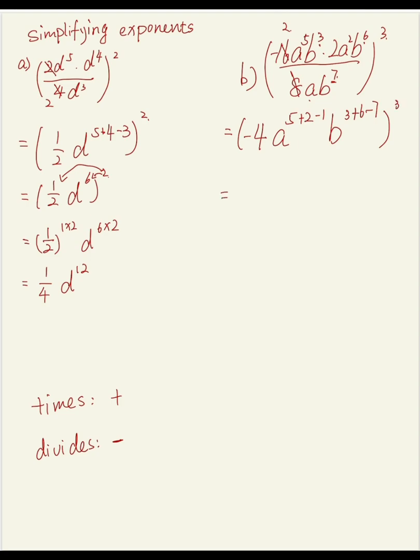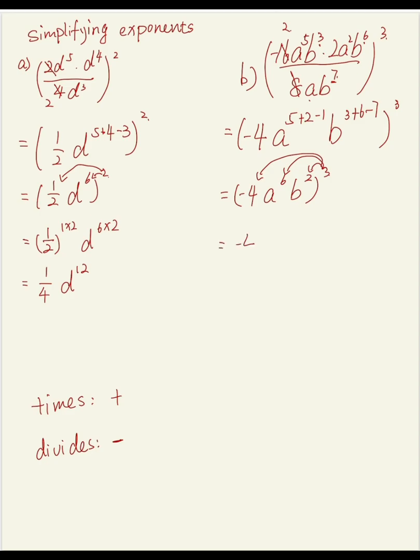We can get -4, and a, 5 plus 2 is 7, and subtract 1 is 6, and for b, 3 plus 6 is 9, and subtract 7 is 2, and raised to 3, and then we need to distribute 3 to each part and multiply by their exponents.